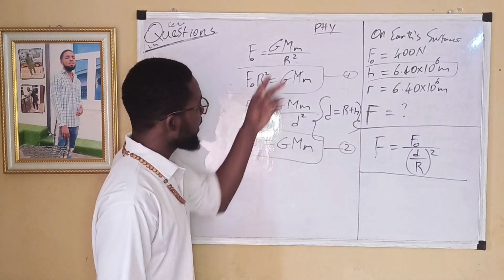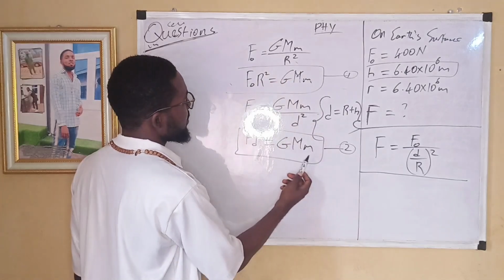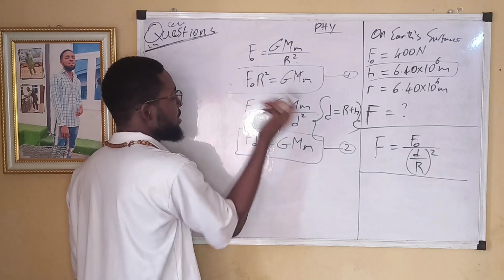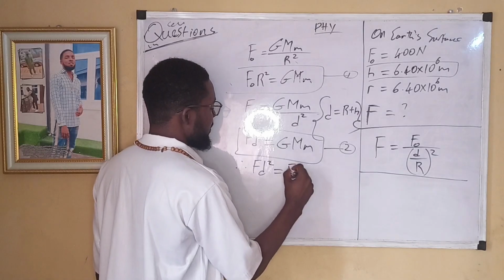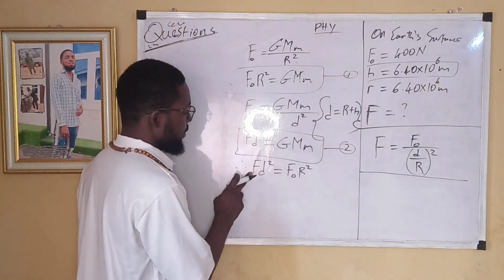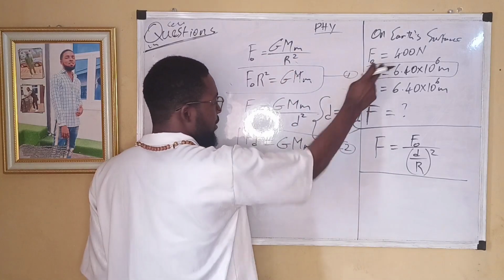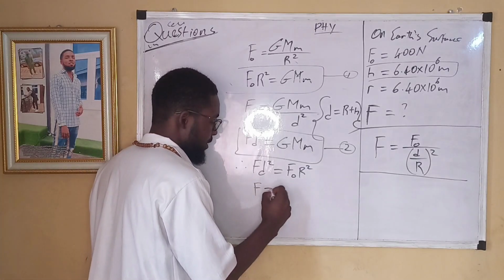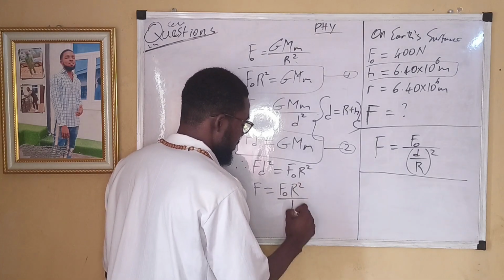From this equation, we have something that is constant right here. If this equals this and this equals this, I can equally say that F D squared equals F naught R squared. And I'm looking for the weight above the ground level, that is at the altitude, which is F. So if I make this the subject of the formula, F equals F naught R squared over D squared.